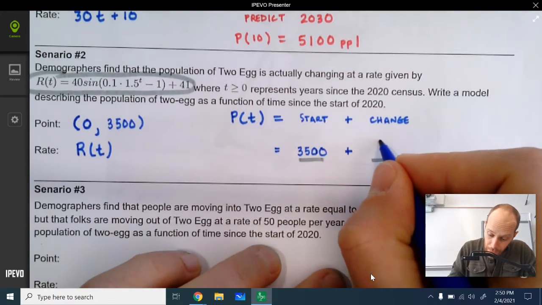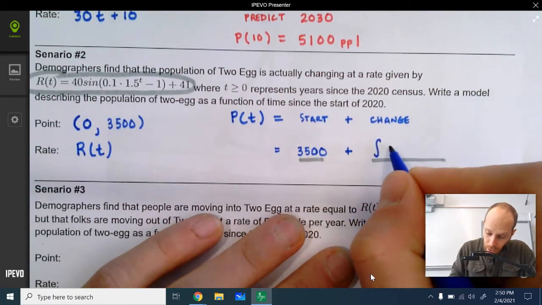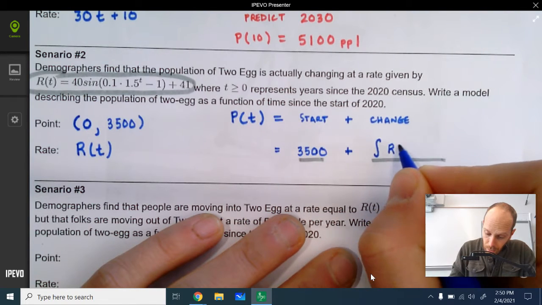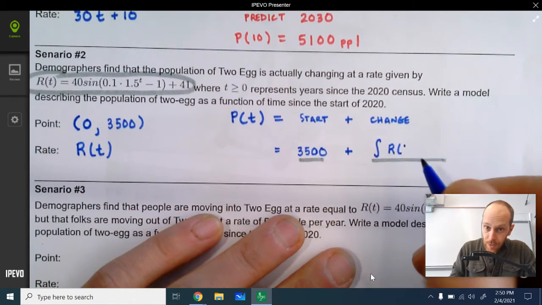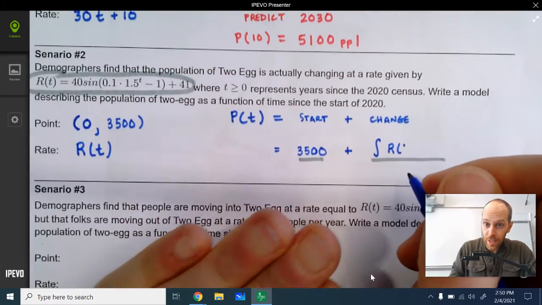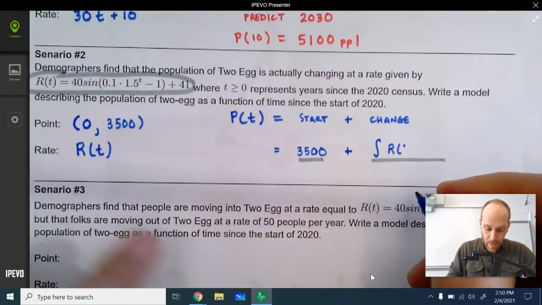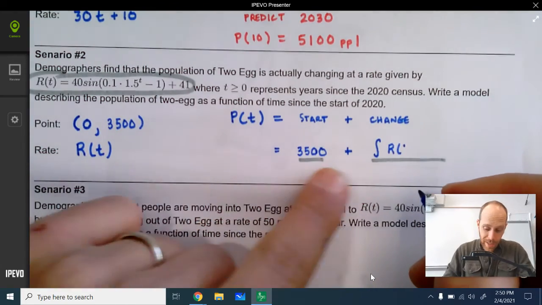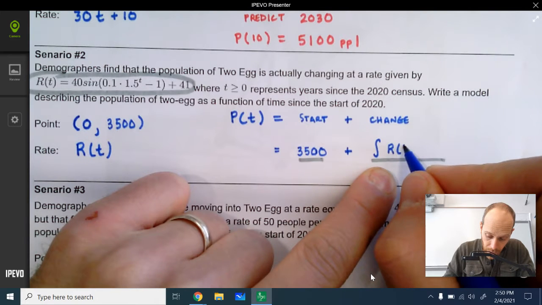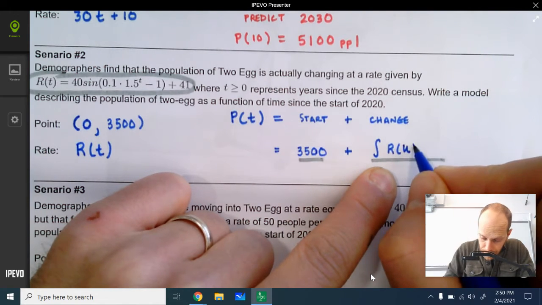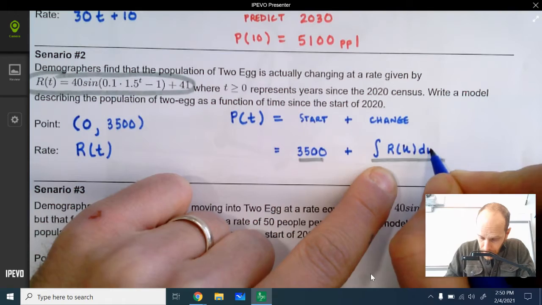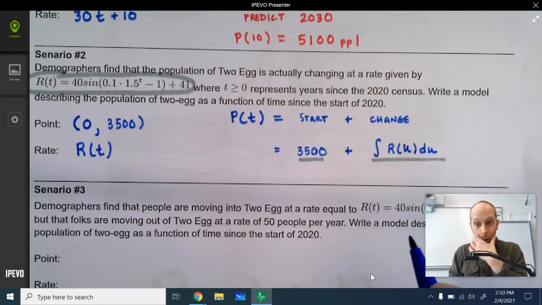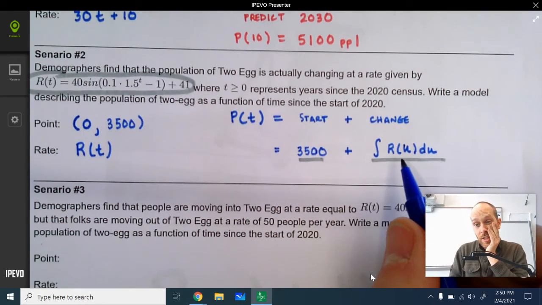If you take the integral of a rate, it tells you the accumulated change in something. Now I know this says R of t right here, but I'm actually going to write R of u du. And don't let the u freak you out. It's just a dummy variable.